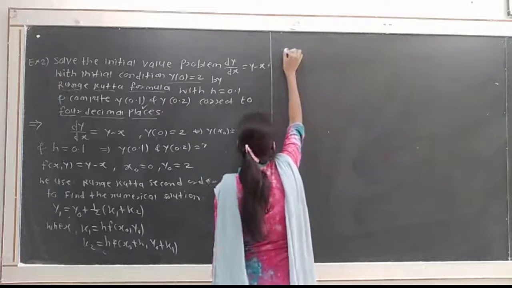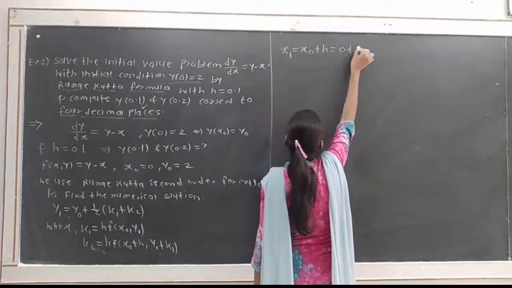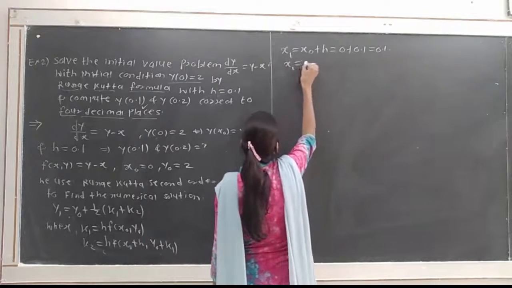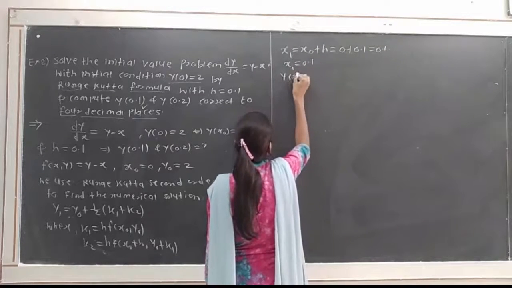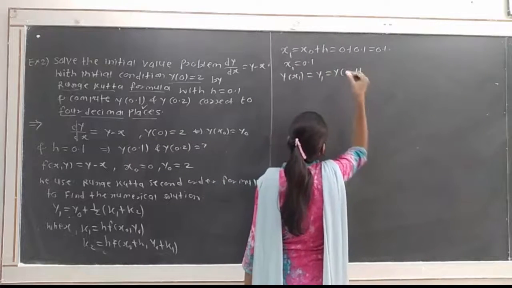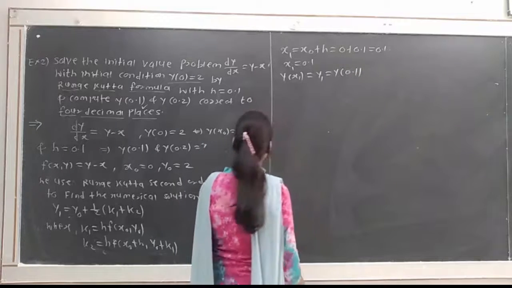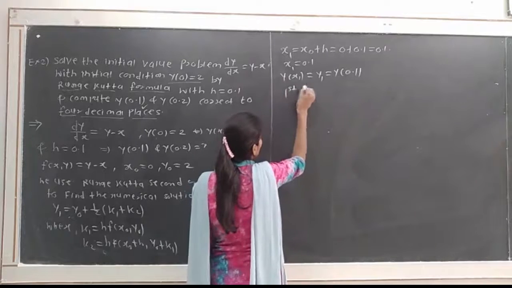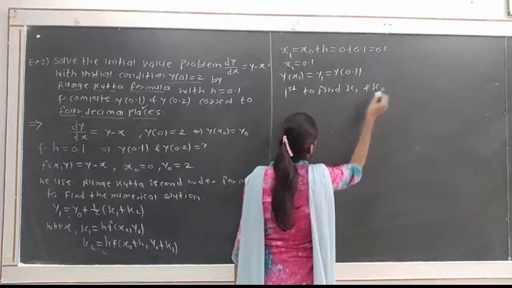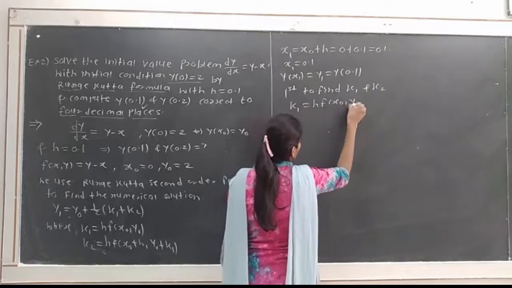So x1 is equal to x0 plus h, x0 is 0 and h is 0.1, so x1 will be 0.1, and y of x1, that is y1, means y of 0.1. So we have to get the value of y1, that is y of 0.1. First we find k1 and k2. k1 is equal to h f of x0 comma y0.